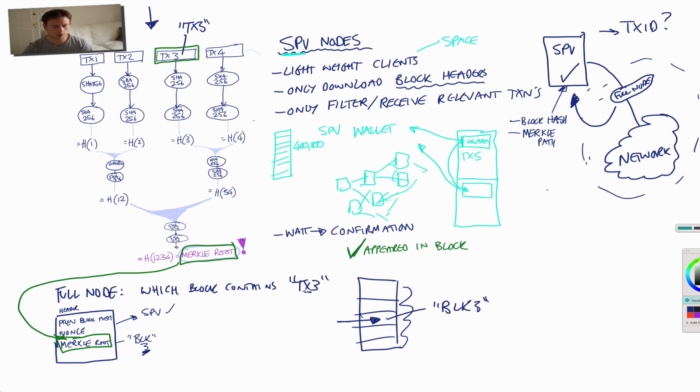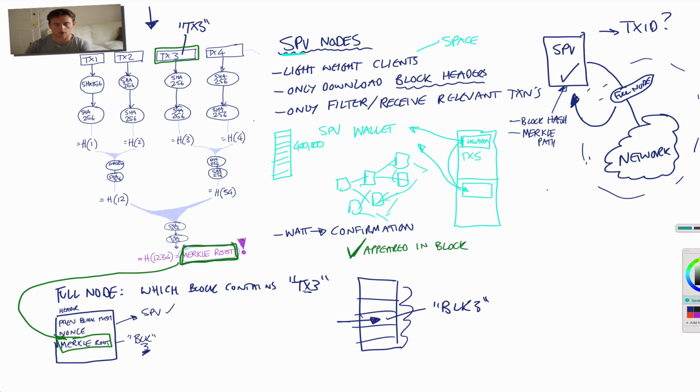So really, if we can say to the SPV, here's the Merkle tree representation information you need to prove that TX3 was in this block header, what you mean is prove that TX3 is actually part of this Merkle root.